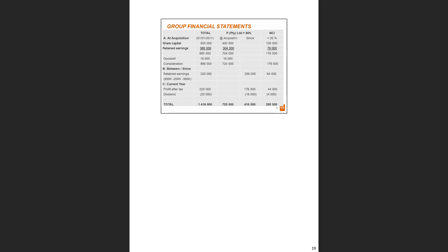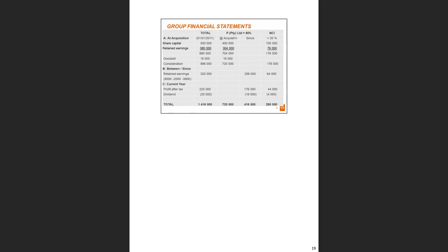So we paid 720,000 Rand for 80%, which represents 704,000 Rand. So we know that we paid more than what the equity is worth in book value terms. Therefore there's goodwill of 16,000 Rand that needs to be created. Okay, so that is the at acquisition process.